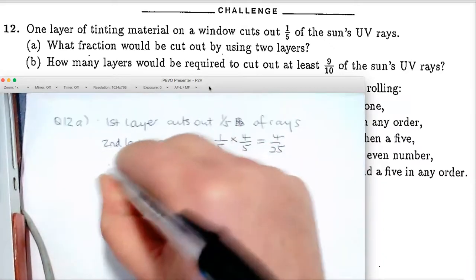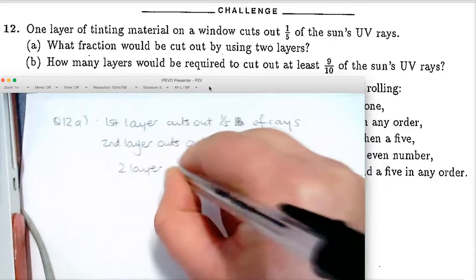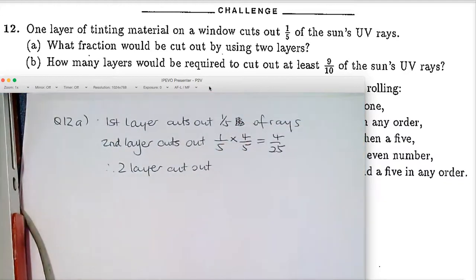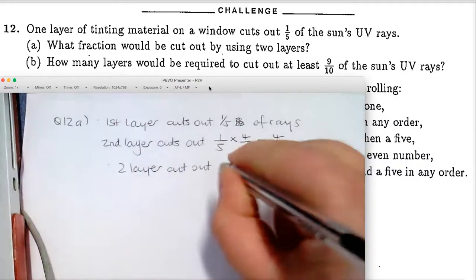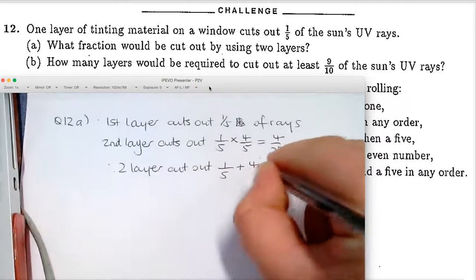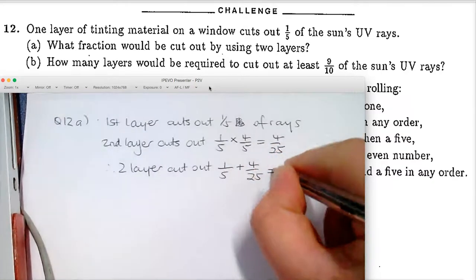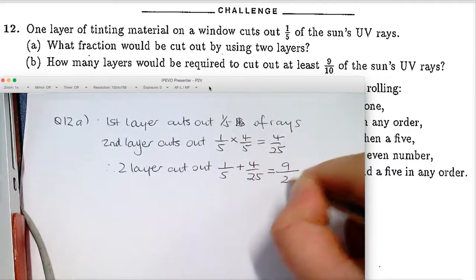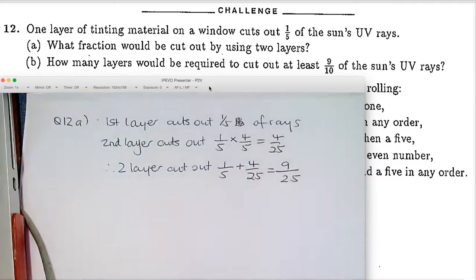So therefore, don't the 2 layers cut out 1/5 and then 4/25? Cut out 1/5 plus 4/25, which is 5 on 25 plus 4 on 25. It's 9 out of 25.